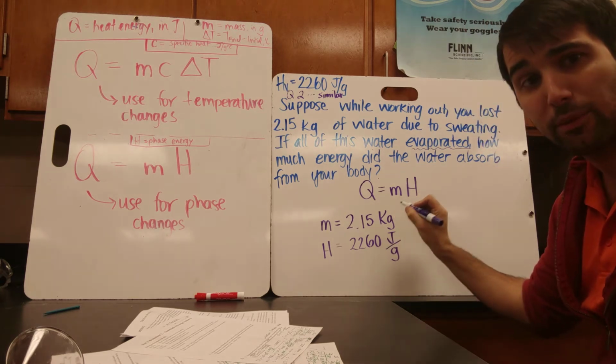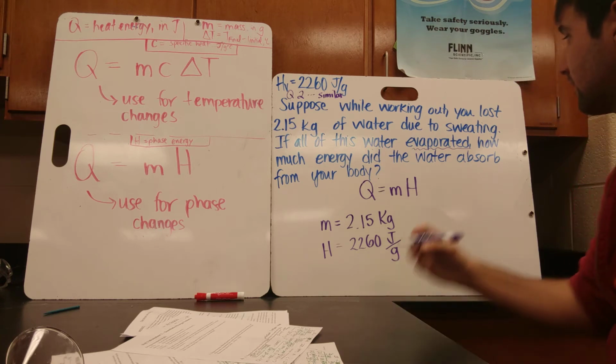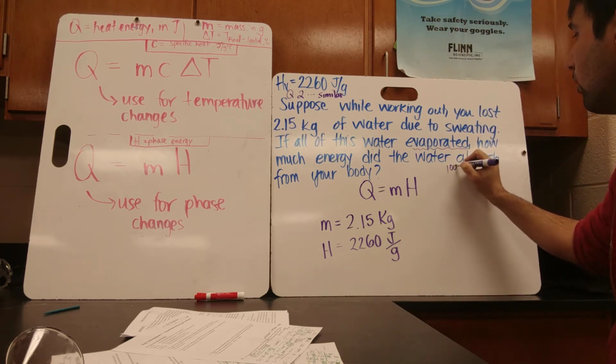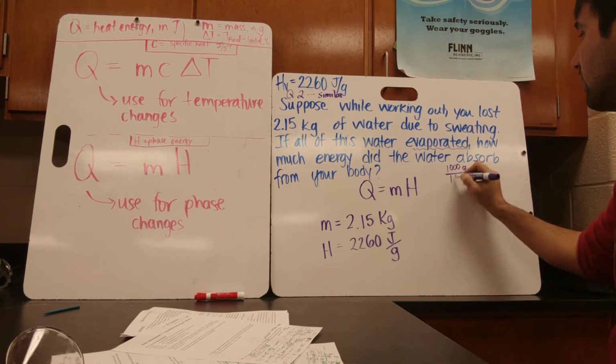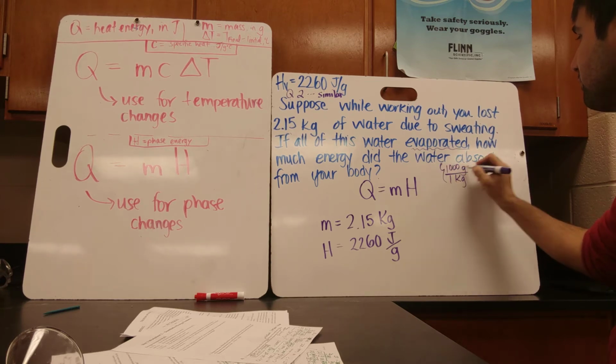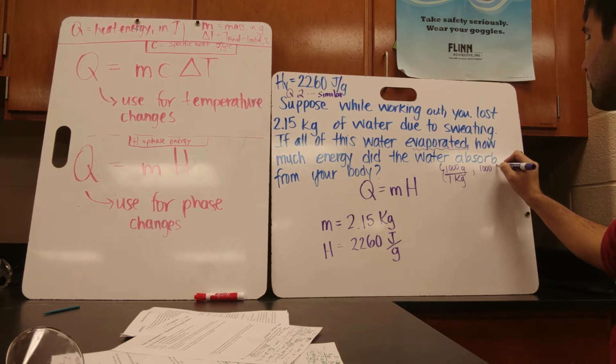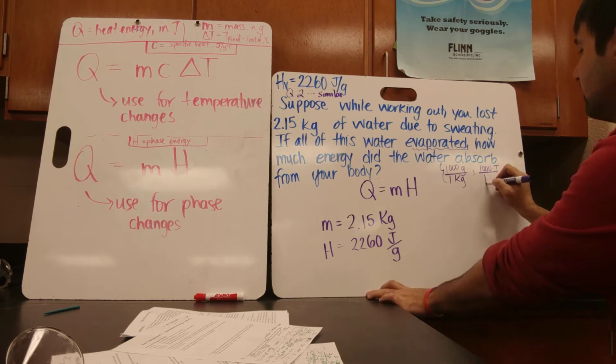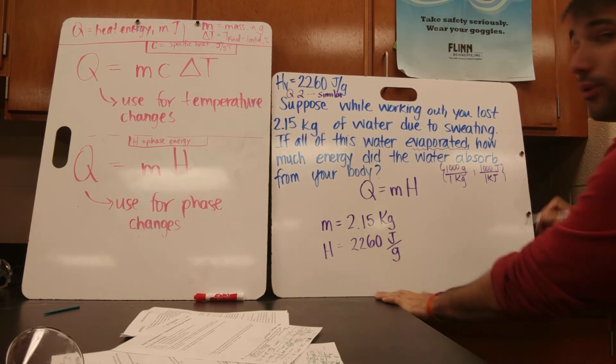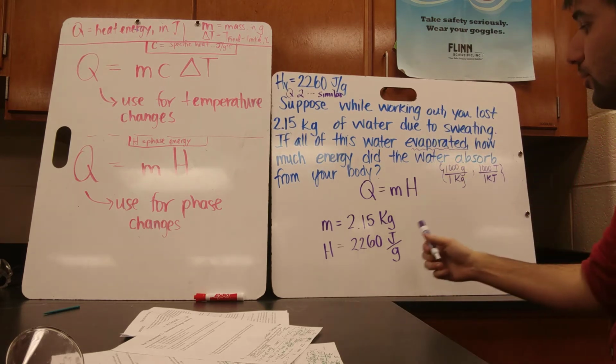My units for H are in joules per gram. So what do you think I'm going to have to do with this kilogram business? Now remember, there are 1,000 grams in 1 kilogram. Just like before, there are 1,000 joules in 1 kilojoule. So remember those conversions. How am I going to use those?